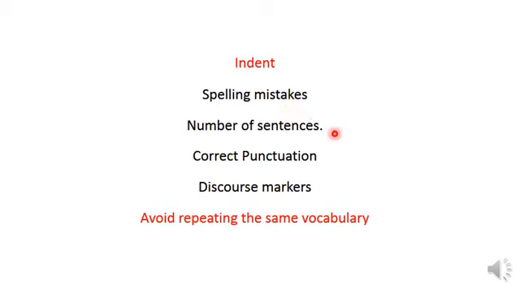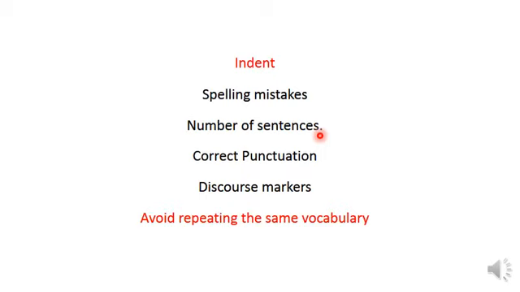In addition, number of sentences. I discovered that students write very long sentences, using comma between the points. And you have to know that if you're not using full stop, it means that your sentence is ongoing.